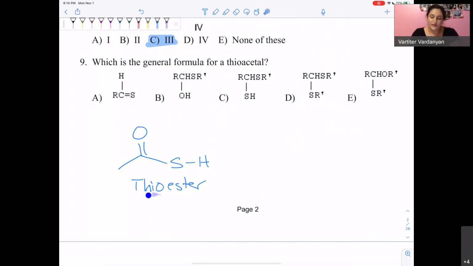Thio is when we replace the oxygen with a sulfur. So if this is a thioester, we know that a thioacetal is going to be an acetal, but the O's are replaced with S's. So which one of these answers looks like an acetal where the O's are replaced with S's?